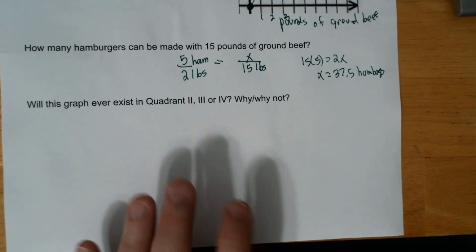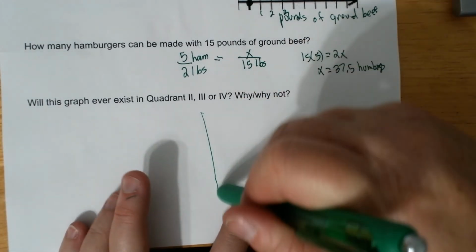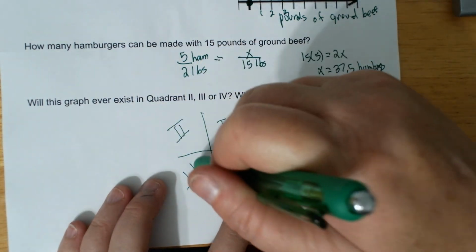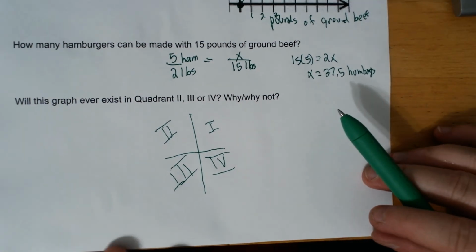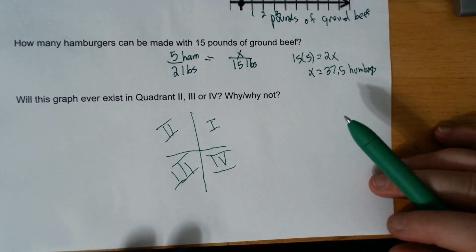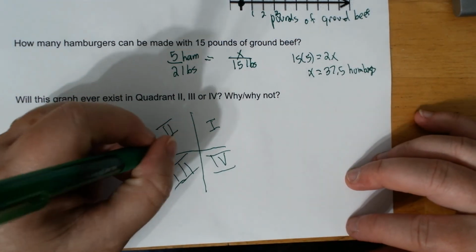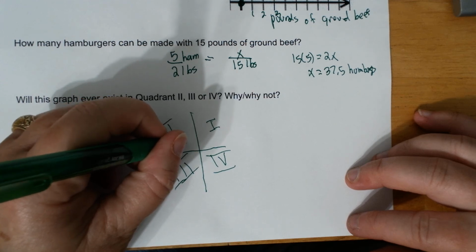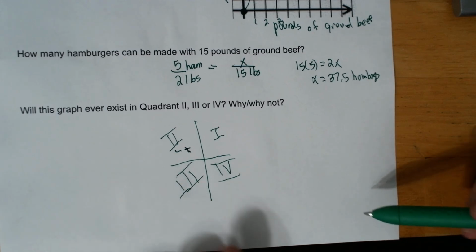So then it's a logical question. It's just asking you to think. Remember that our quadrants are 1, 2, 3, and 4. And it's asking, will it ever graph in 1, 2, 3, or 4? So remember, this is negative x's and positive y's. Can you ever have negative pounds of ground beef?